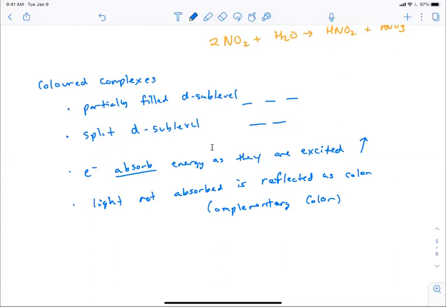What I mean by that is, in the color wheel, there are complementary colors for each of the 6 colors that we have. And so you'll see that complementary color being reflected in the system here.